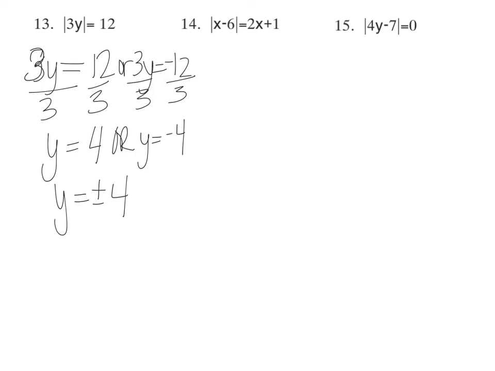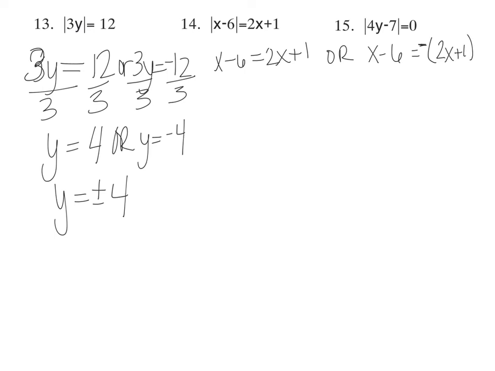So we can say that whatever's inside has to equal positive 2x plus 1, or the opposite, negative parentheses 2x plus 1. So let's see what that looks like when I write my two equations. x minus 6 equals 2x plus 1, or, I'm going to encroach on the space over here, x minus 6 is equal to negative, outside parentheses, 2x plus 1.